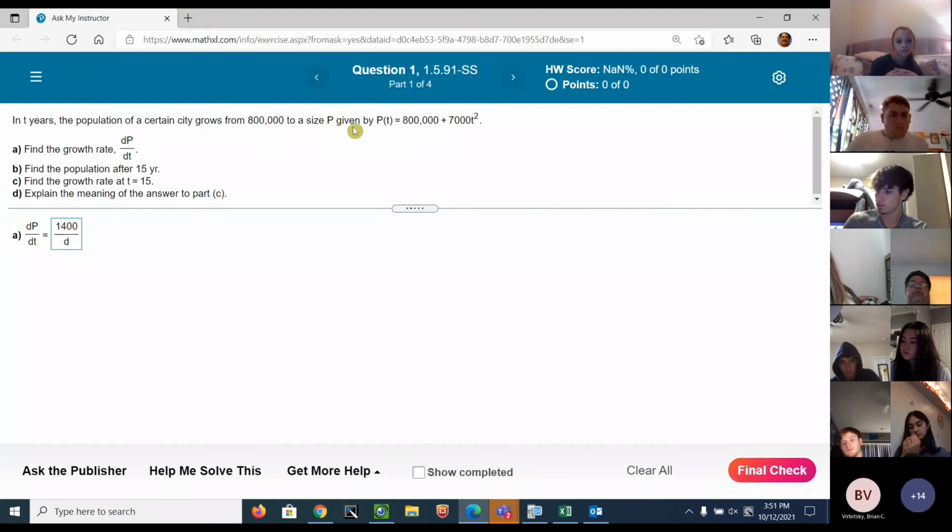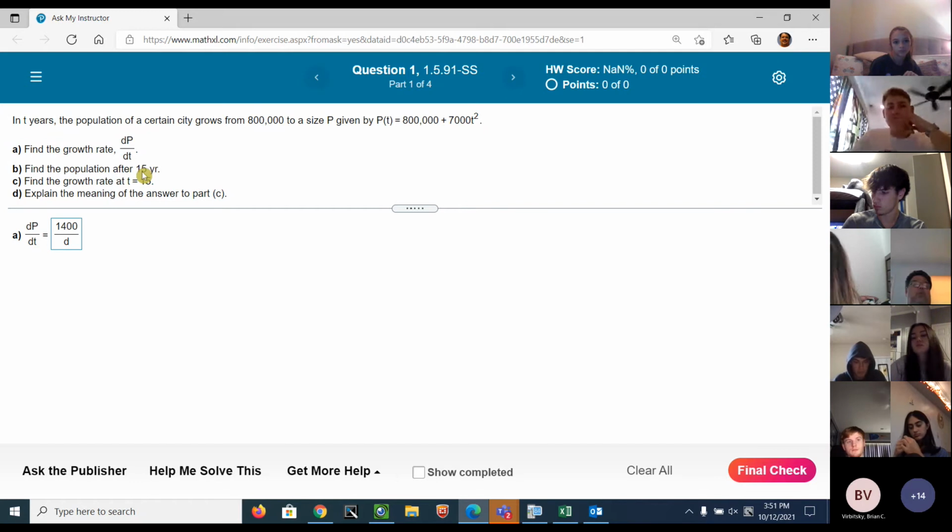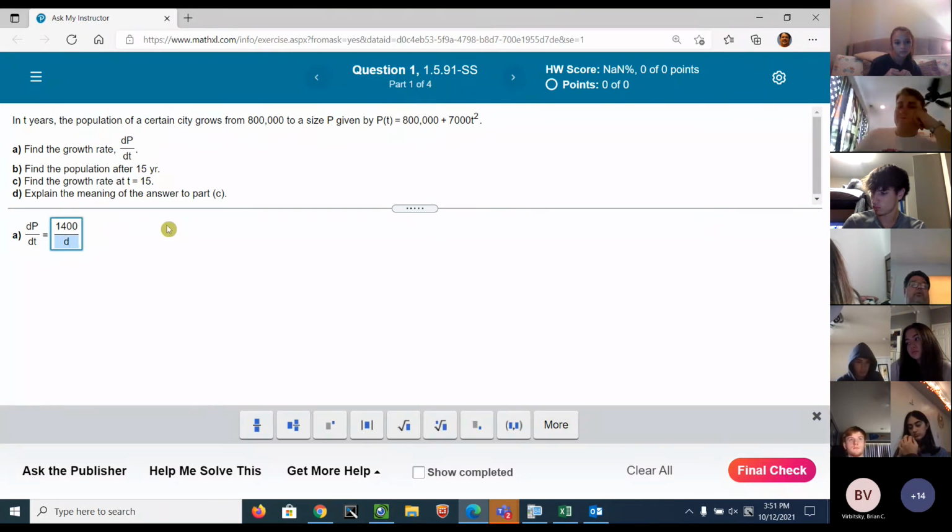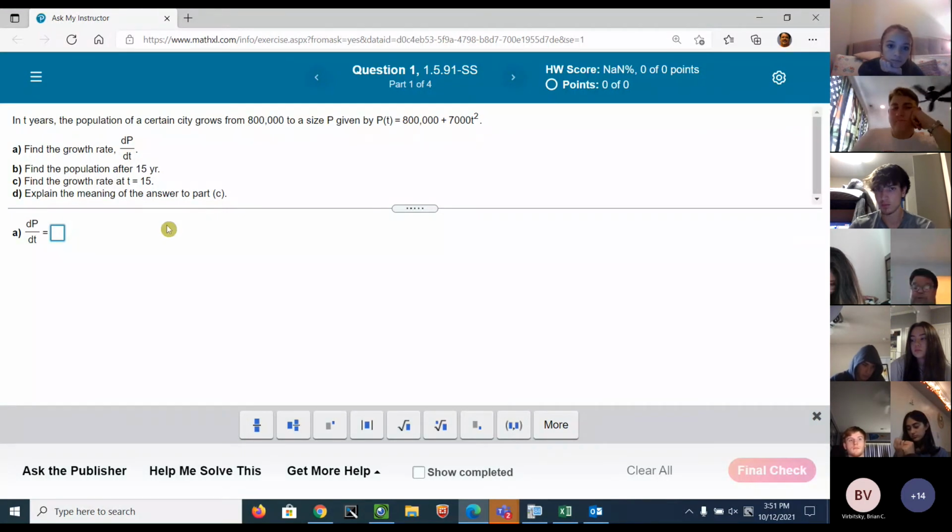So they want the derivative. So the derivative is going to be 14,000t.